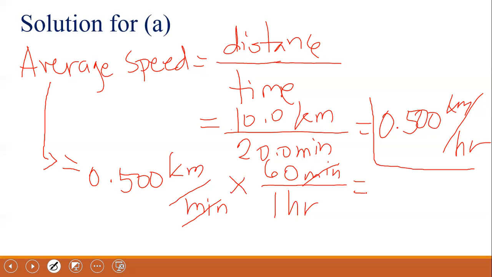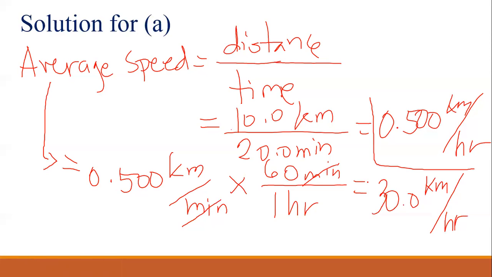So this is now equal to 30 kilometers per hour. So meaning your average speed driving from your university to your home in 20 minutes is equivalent to 30 kilometers per hour.